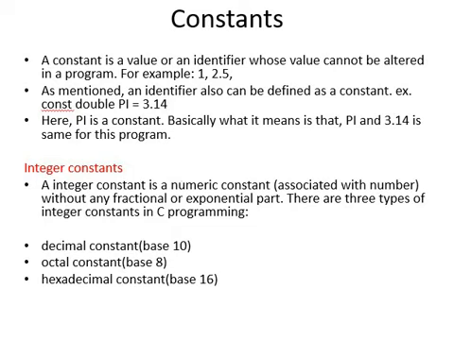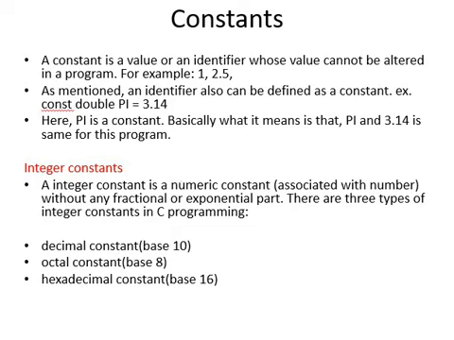An identifier can be defined as a constant. For example, pi as 3.14 can be defined, because the pi value is already defined by mathematicians earlier. That's the reason we can declare it as a constant, wherein we cannot change it at runtime. So here pi is a constant. Basically, pi and 3.14 are the same for this program.